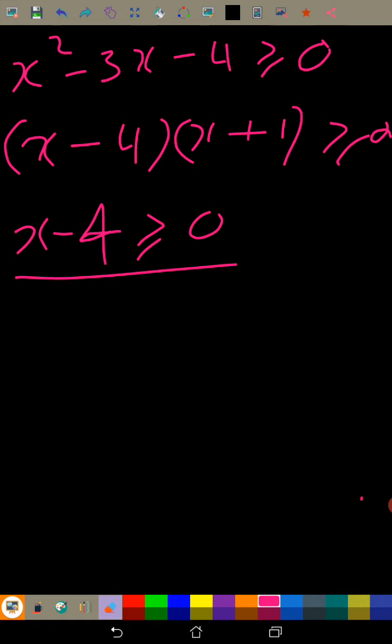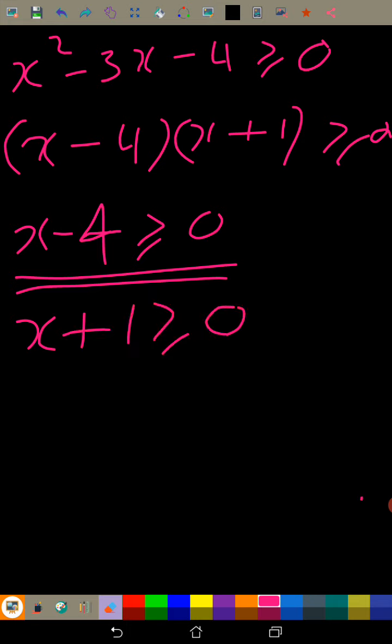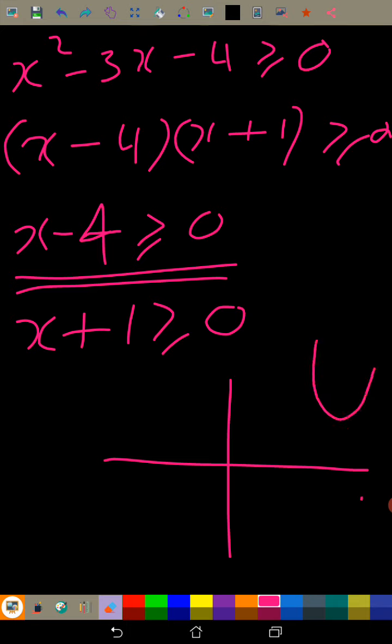This is an inequality, and the other inequality that we have is this. We have seen that when you divide or multiply by a negative number, you have to change the direction of the sign. For this curve, we know that it's going to be in this shape, because it has a minimum.